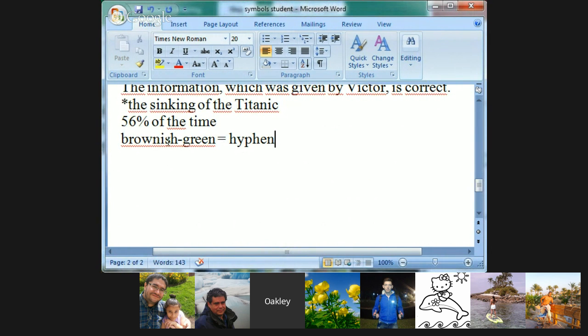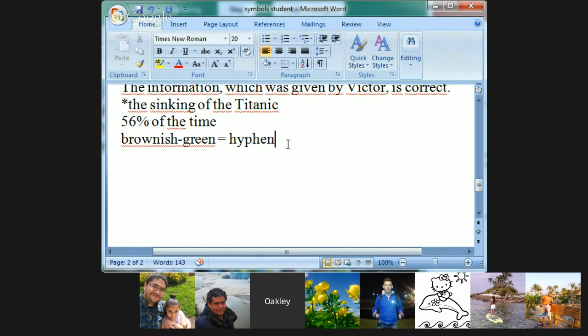You can create an adjective anytime you want to. It's legal in English, but then it's called a hyphen, even though the fact is it really is the same mark as a dash.